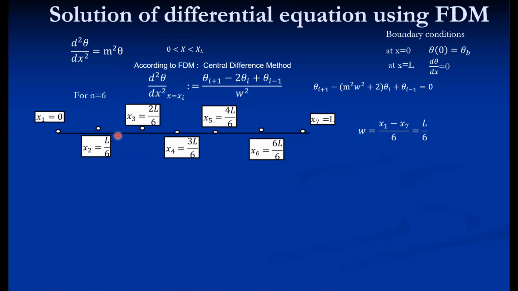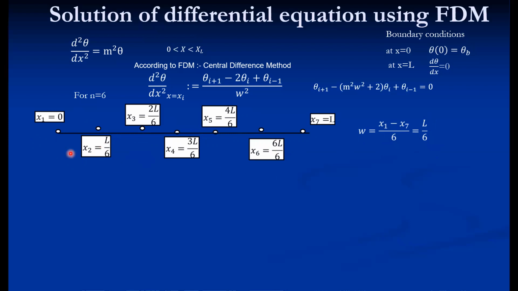So this is L by 6, this is 2L by 6, this is 3L by 6, this is 4L by 6, and this is 5L by 6. Sorry, that was a printing mistake. And this is 6L by 6, which is L. So understand this printing mistake, it is 5L by 6. The step size is L by 6.